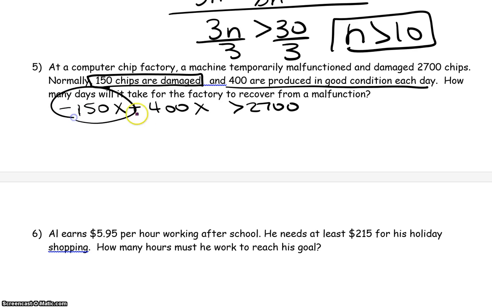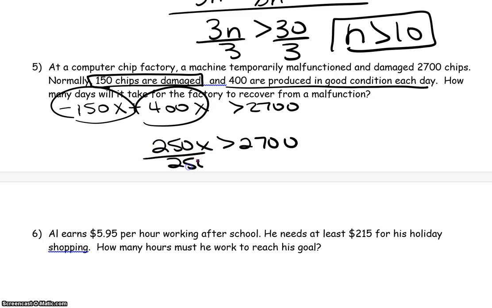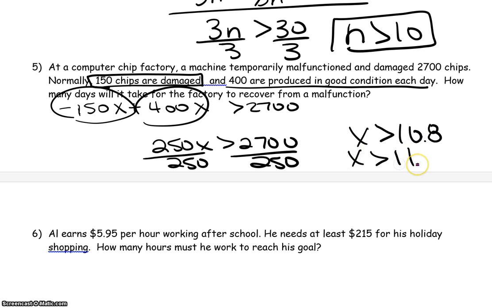Since these are the same, you can combine them and you get 250x is greater than 2,700. Divide by 250, divide by 250, and you get x is greater than 10.8. But you can't make a piece of a chip, so x is greater than 11.